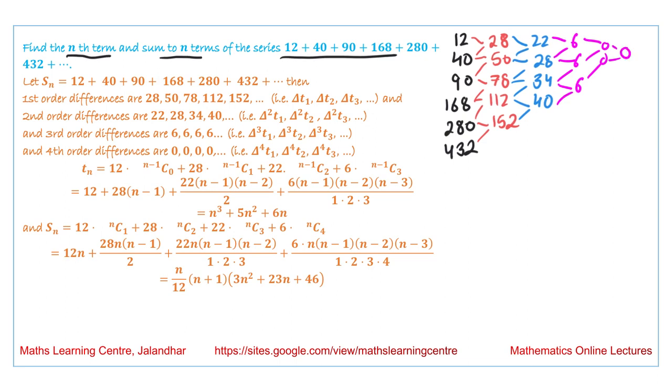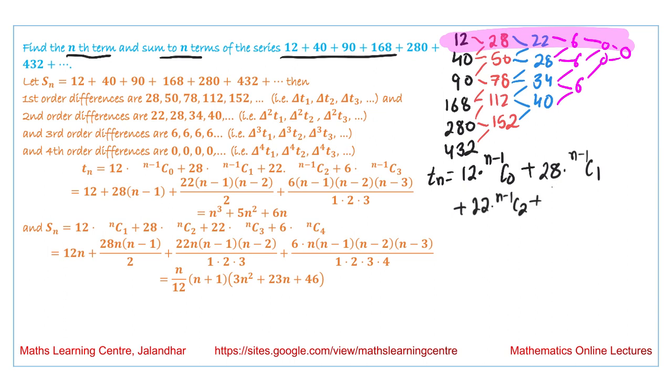We are basically interested in calculating the nth term, and the formula for the nth term we know: Tn is equal to 12 into n minus 1 C0 plus, looking at these terms, these are the coefficients we have right now, 28 into n minus 1 C1 plus 22 into n minus 1 C2 plus 6 into n minus 1 C3, and all the next terms will be 0 because the coefficients are 0 there.